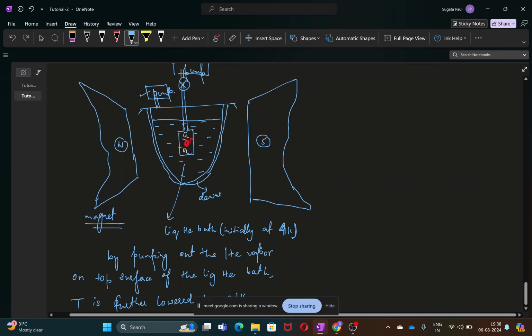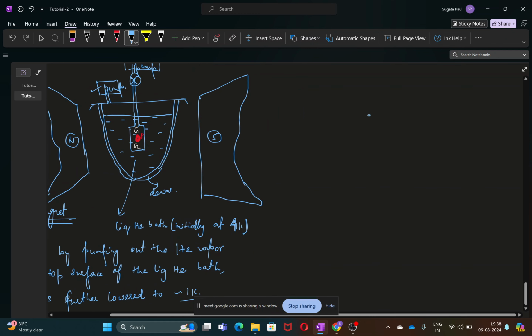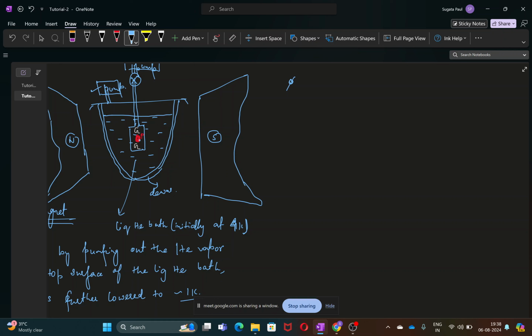After this 1 Kelvin is reached, the initial temperature condition for adiabatic demagnetization is satisfied. You also have to remember that the paramagnetic sample placed inside this container has a helium gas medium around it. That works like a convective medium, helping in the convection mechanism to transfer cooling or heat between the liquid helium bath and the sample.